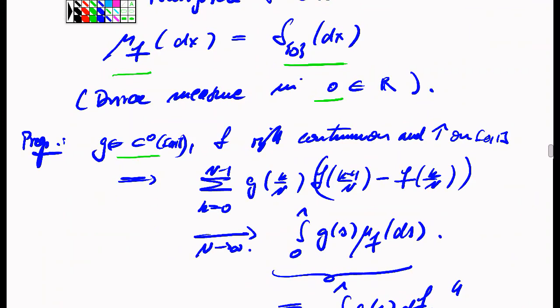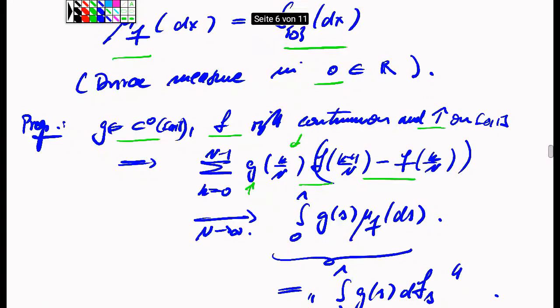Namely, if we have a continuous function, say, on a unit interval for simplicity, and if we have a function f which is right continuous and non-decreasing, then we can again consider this weighted sum of increments of the function f, where the weighting is conducted by multiplying with the values of the continuous function g at the corresponding left endpoint, for instance, of the respective intervals on which we evaluate the increments of the function f.